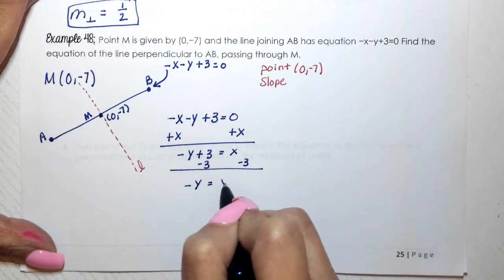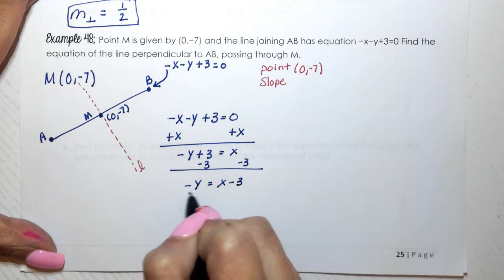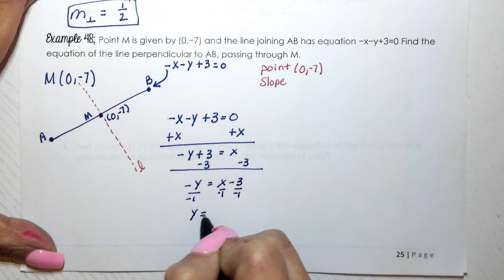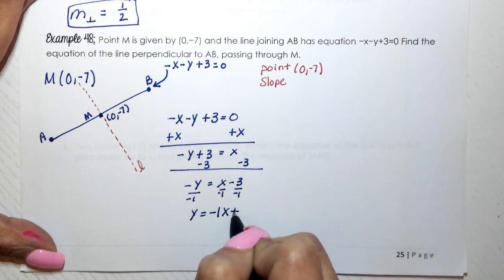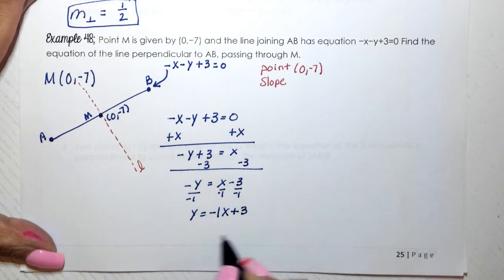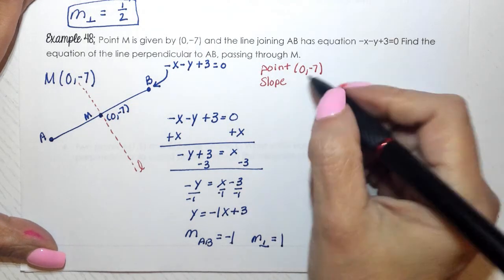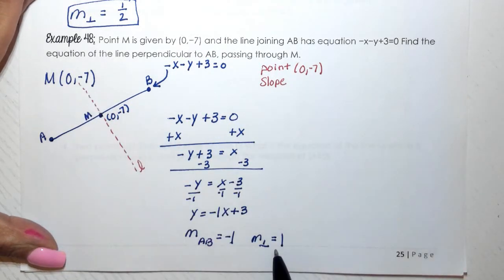Negative y equals x minus 3. Let's divide everything by negative 1. So y equals negative 1x plus 3. So that means the slope of AB is negative 1. So that would mean the perpendicular slope, flip it and switch it. It's negative 1, so it would be a positive 1. So that would mean that the slope of my line, L, is 1.